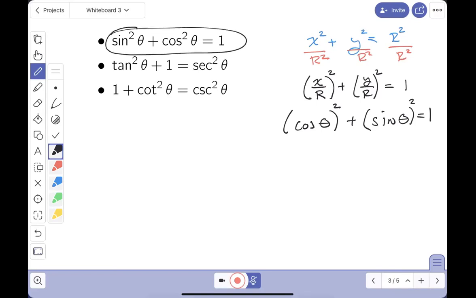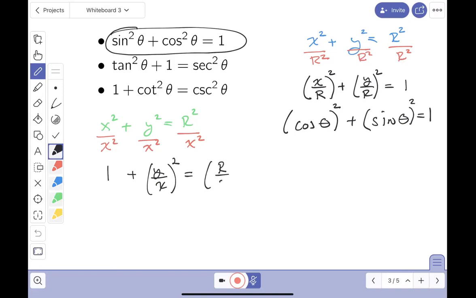All right, let's take another one. I'll write it down for you: x squared plus y squared equals r squared. Now, what am I going to do over here? I'm going to divide both sides by x squared. What do you get there? It's really not bad. It's going to be 1 plus y over x, squared, equals r over x, squared.